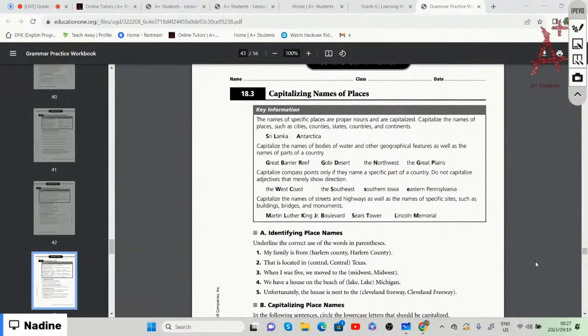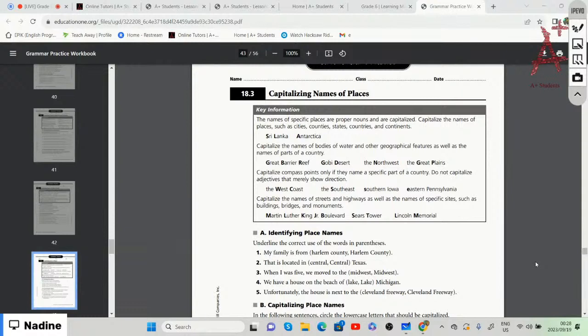So also when it comes to capitalization, we see that names of places are important to be capitalized. Even names of specific places are capitalized. Compass directions.